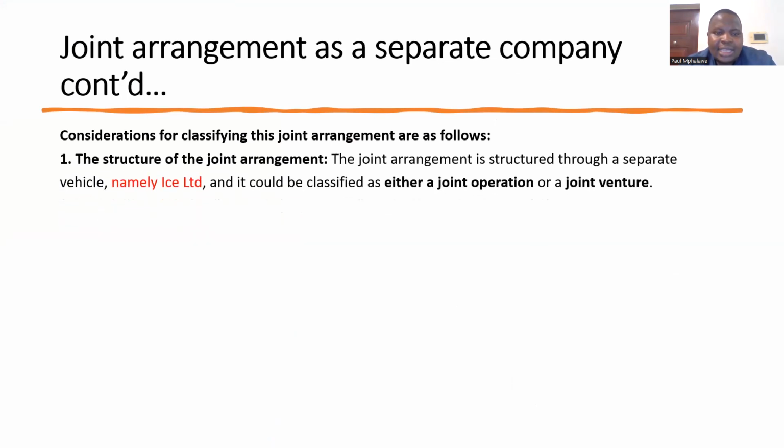Number one, the structure. Let's look at the structure of the company. The joint arrangement is structured through a separate vehicle, namely ICE Limited. And it could be classified either as a joint operation or as a joint venture at this stage.